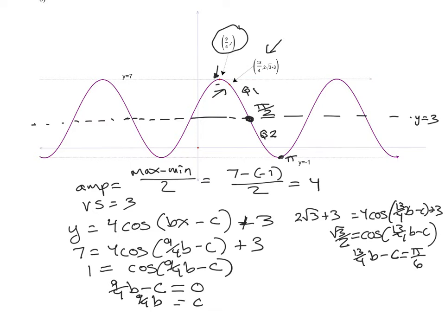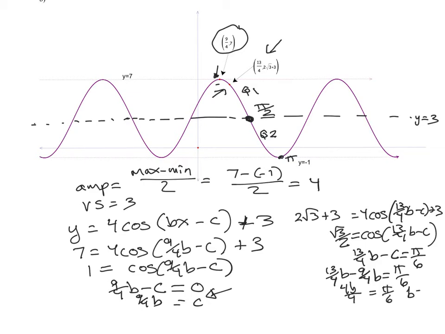And now let's go back to the fact that we had said over here that c equals 9/4 b. So let's plug that into this second equation here. 13/4 b minus 9/4 b equals pi over 6. And 13 minus 9 is 4, so I've got 4b over 4 equals pi over 6.